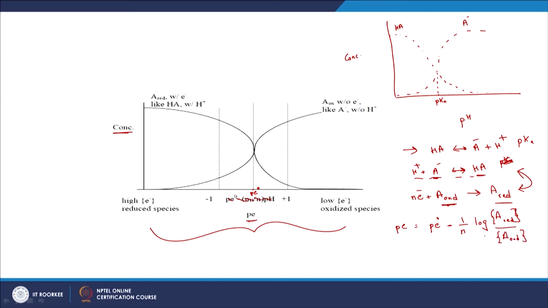And if you remember, this is similar to pH is equal to pKa minus log activity of HA by activity of A minus. This is the Henderson-Hasselbalch equation that we looked at with respect to our acid base process, or a slight modification of it.